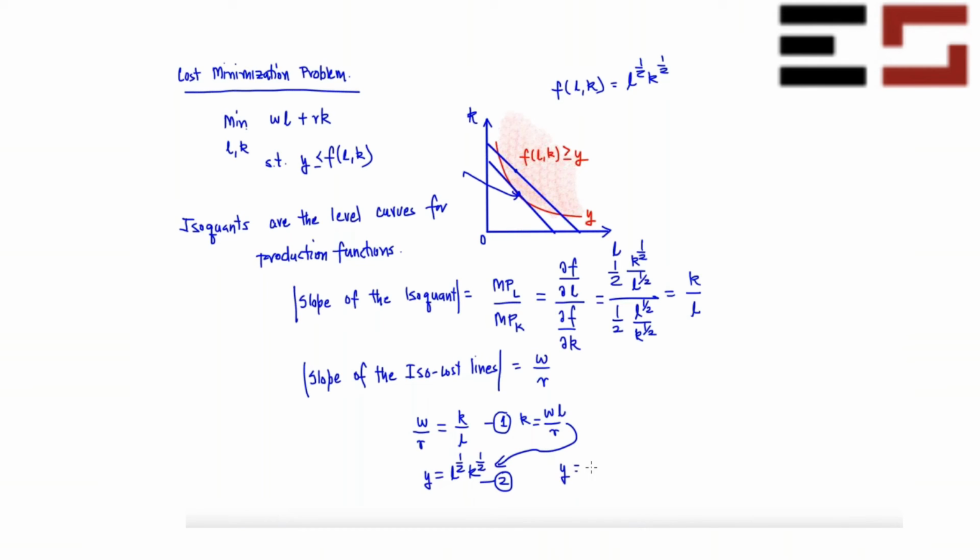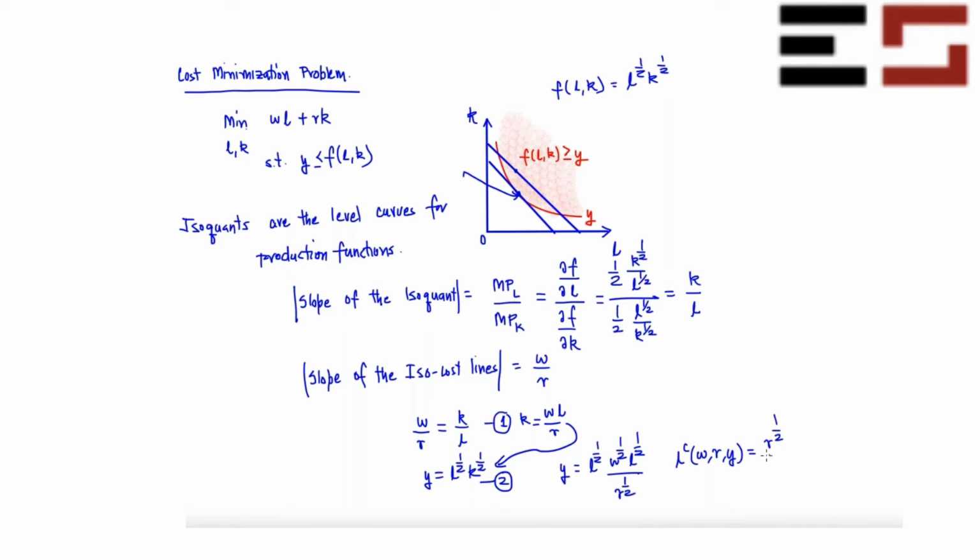So I'm going to get Y is equal to L^(1/2) times W^(1/2) L^(1/2) over R^(1/2). Now just take this to the other side and you will get the conditional labor demand function as a function of W, R, and Y. So what is it?